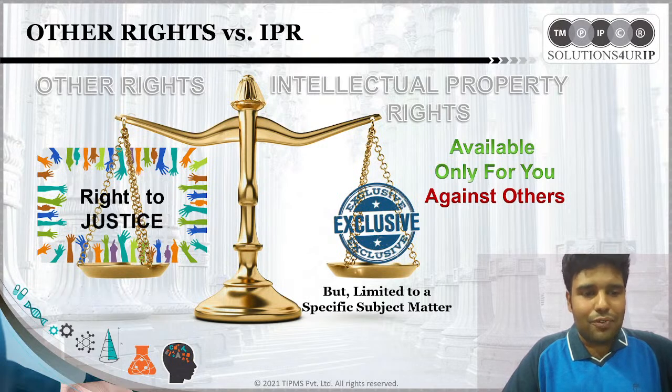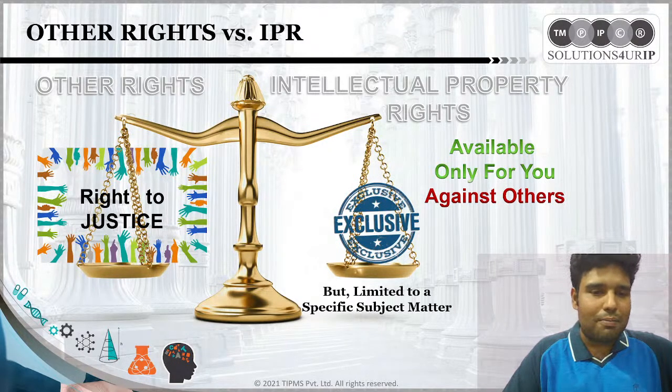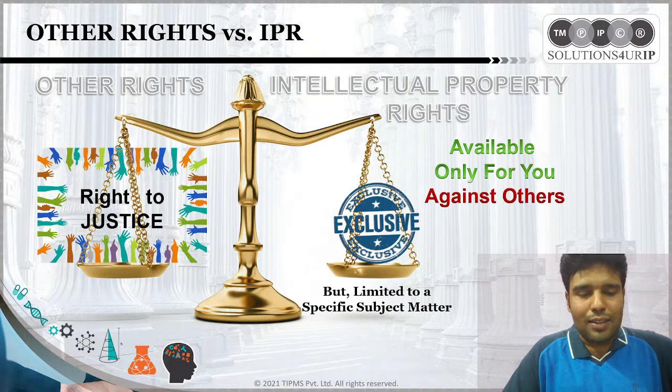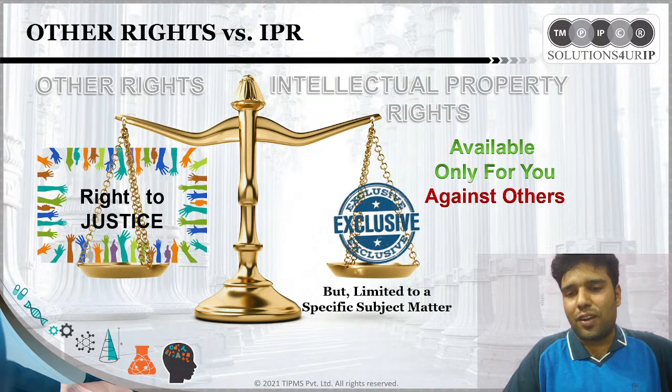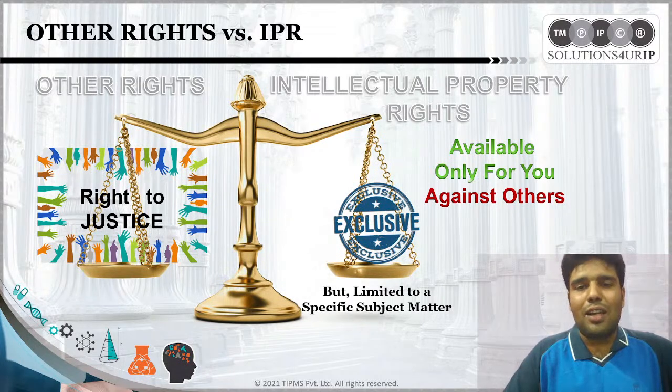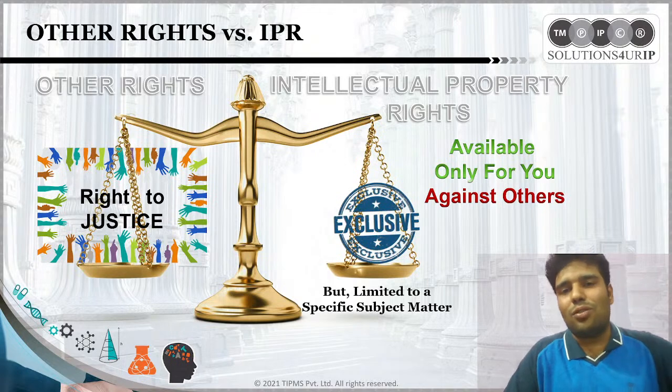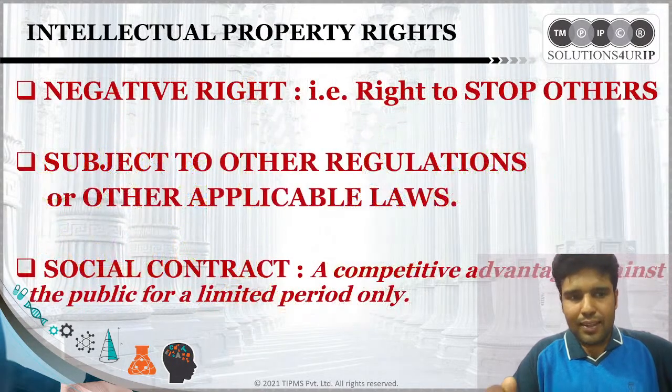Whereas other rights, mostly the fundamental rights, as in the examples I have been quoting here, are commonly available to all. But intellectual property rights are very specific rights which have been granted only and only to you, and that is why you can exploit that right to your benefit, right?